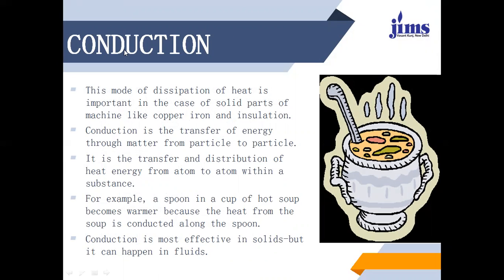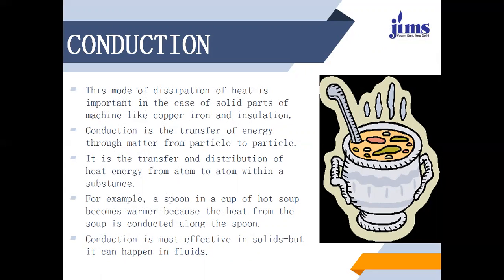So the first thing under this is conduction. This mode of dissipation of heat is important in the case of solid parts of the machine like copper, iron, and the insulation of the machine. Conduction is the transfer of energy through matter from particle to particle.